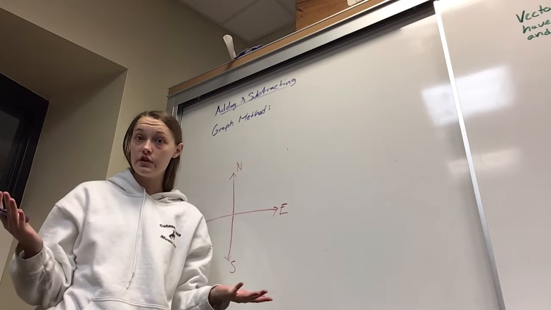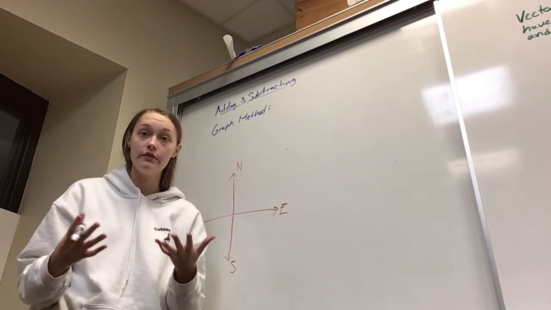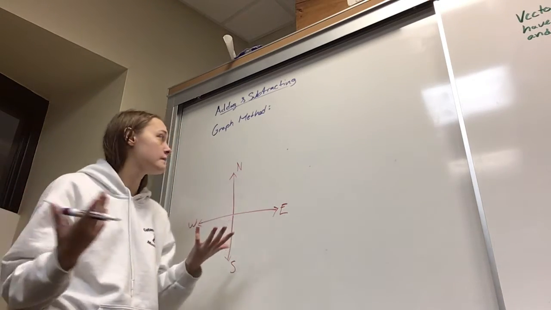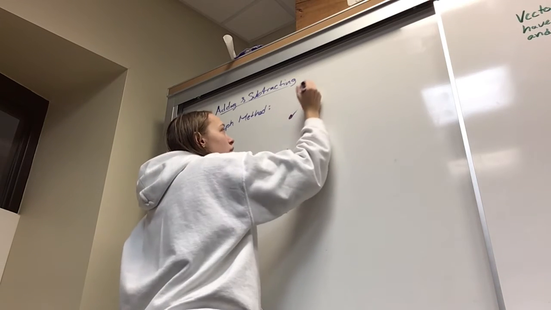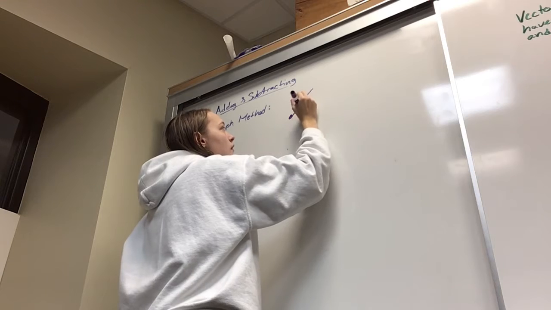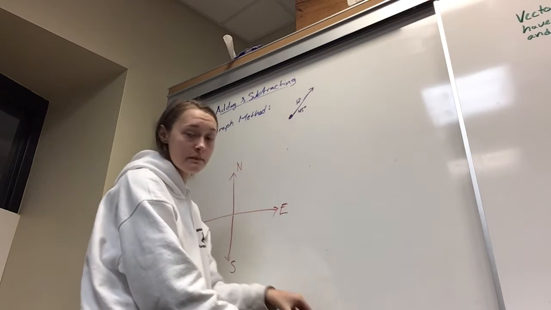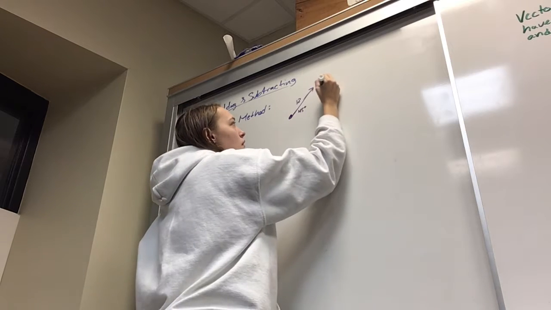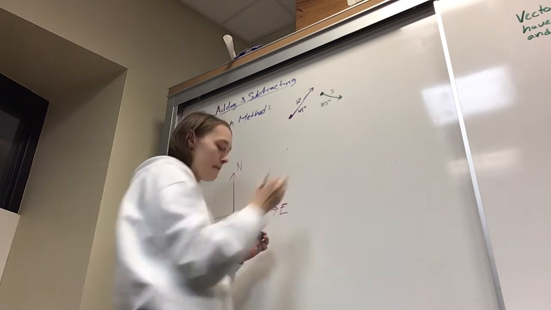So first I'm going to show you the graphing method of figuring out your resultant vector from adding and subtracting vectors. So our first vector, we know, is 45 degrees for 12 miles. And our second vector went 5 miles at 315 degrees.